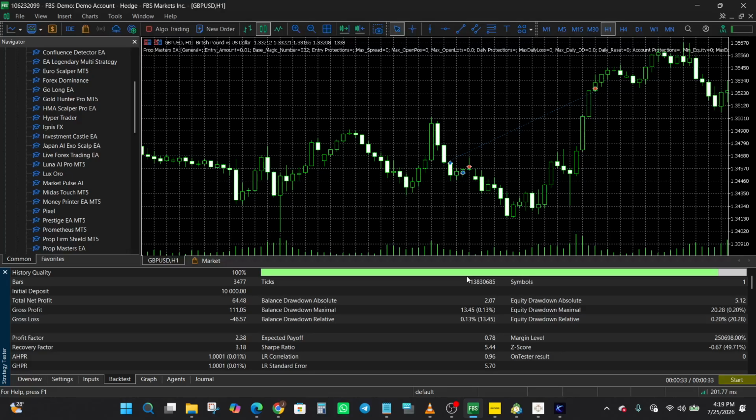So, in summary, Prop Masters FX presents a highly structured, low drawdown approach tailored specifically for GBPUSD on the H1 time frame. Based on the available data, its strict stop loss usage, built-in news filters, and low historical drawdown make it worth looking into for traders who prioritize risk control and capital preservation over aggressive growth.